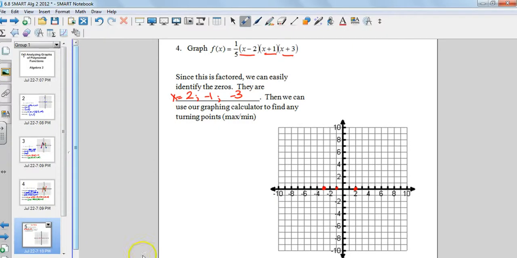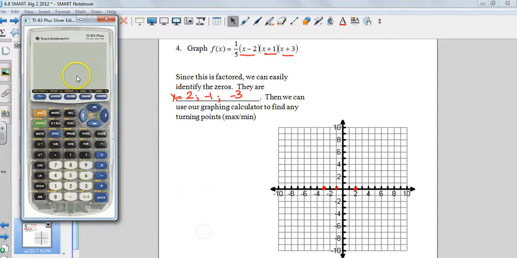So let's pull up our calculator, clear out the last problem, and we're going to type 1/5, so 1 divided by 5, (x minus 2), (x plus 1), oops, lost my parenthesis there, and then (x plus 3). So it won't be too hard for me to find this max and this min.